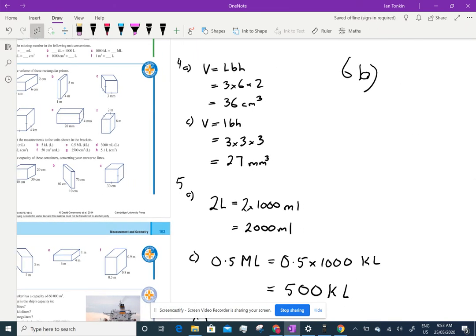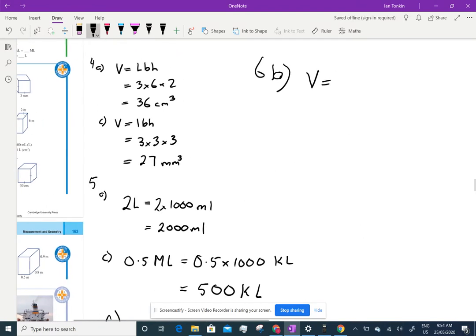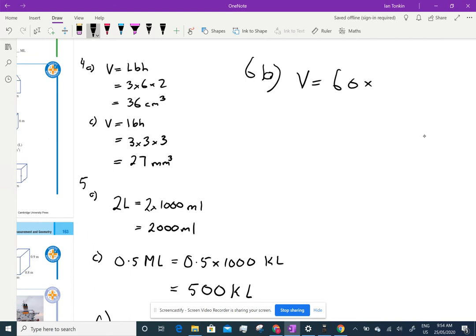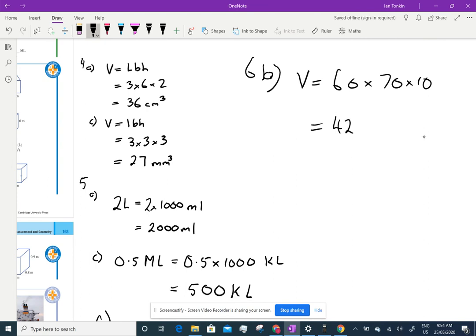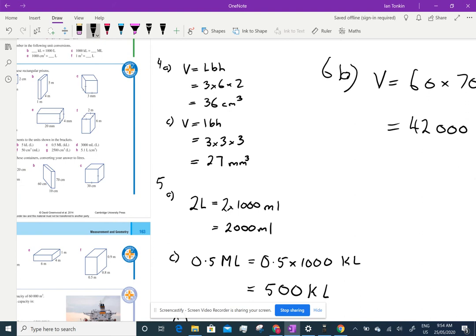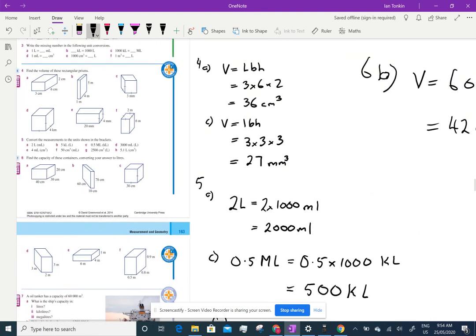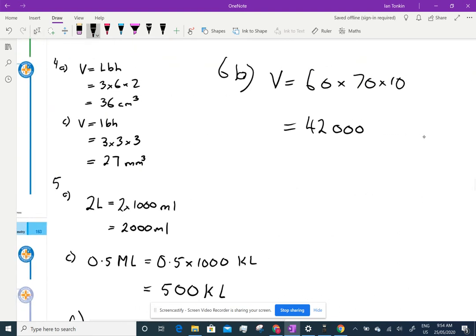Now, my volume is 60 times 70 times 10. And I'm going to put that into my calculator. 60 times 70 times 10. 42,000. So 42,000. That's metres. Sorry, it should be centimetres, I think. Centimetres cubed.